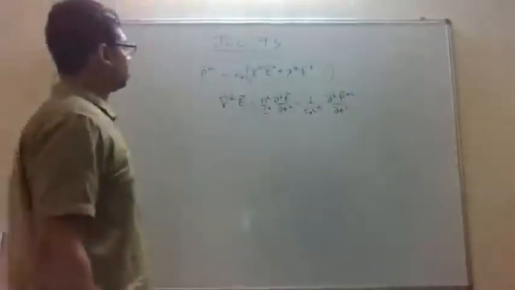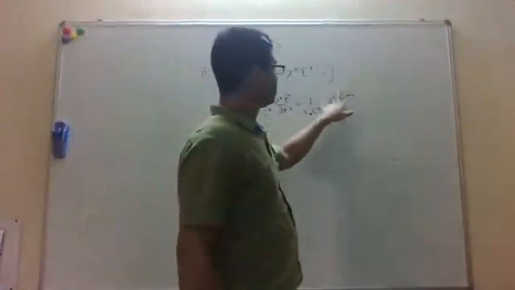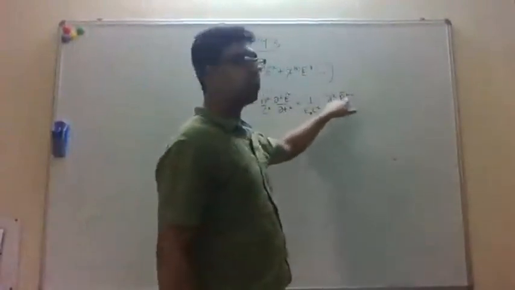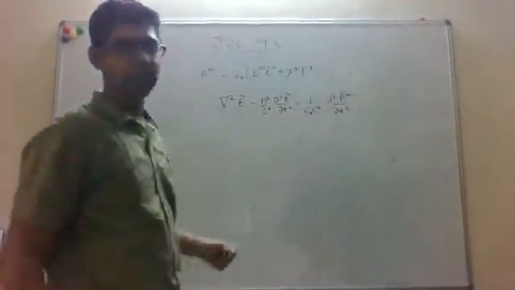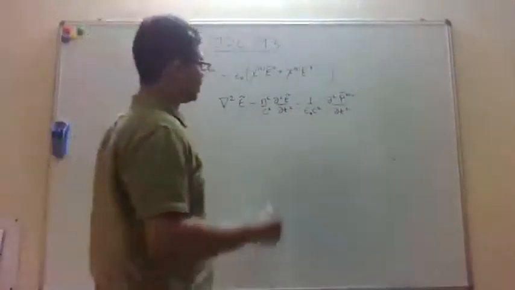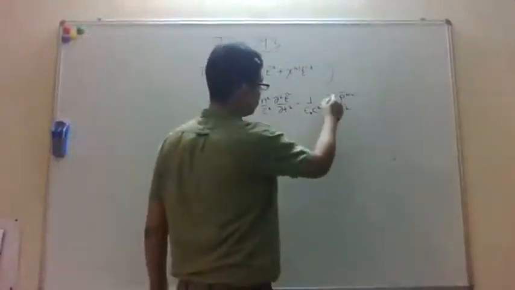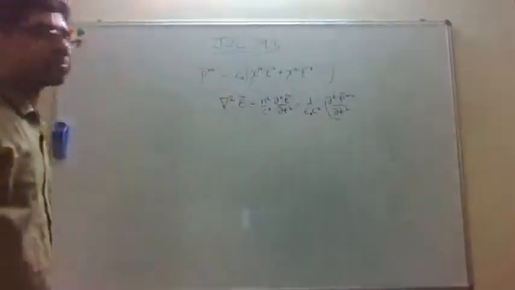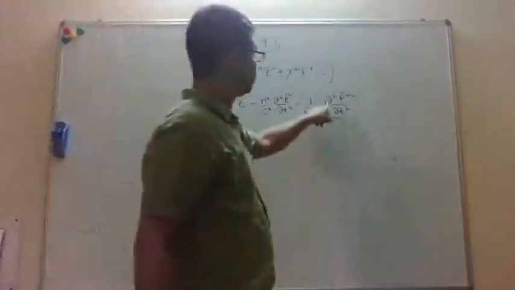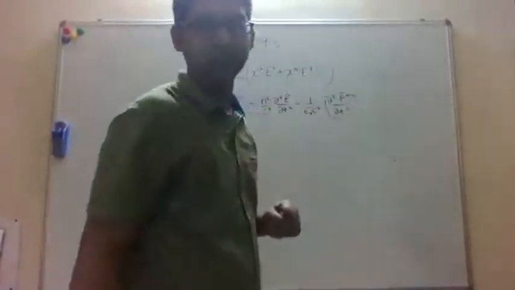For example, the frequencies in the nonlinear polarization will get translated to the frequencies of the radiated electromagnetic radiation. Another interesting point to note here is that you get a double time derivative. It's the d square by dt square of the nonlinear polarization.